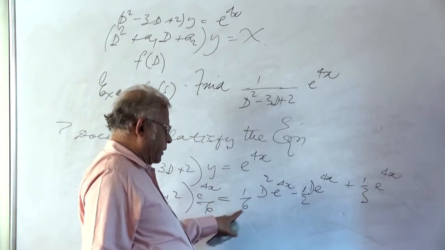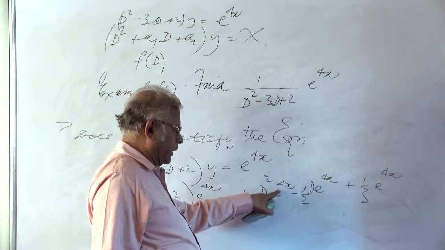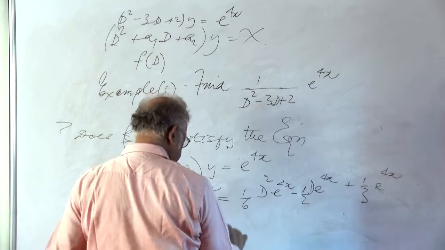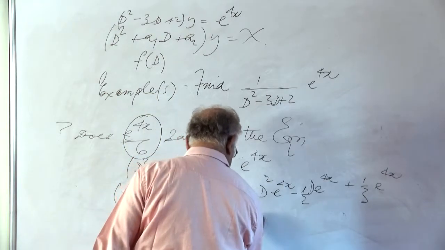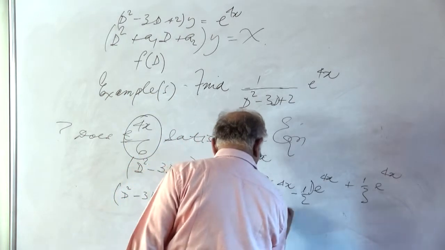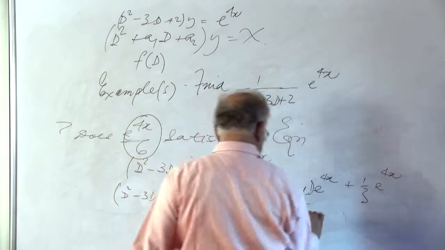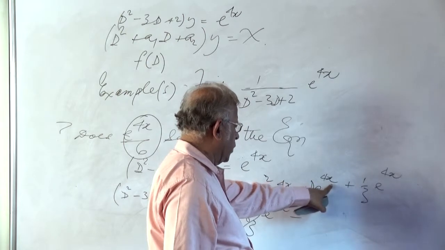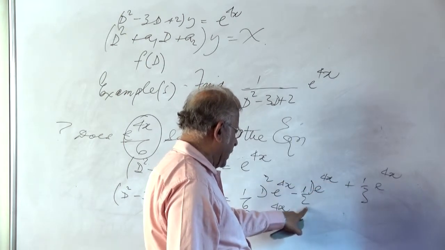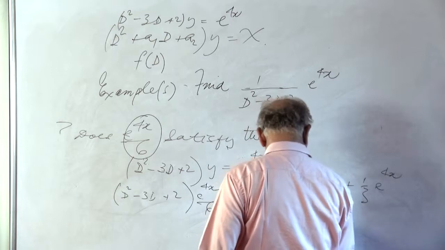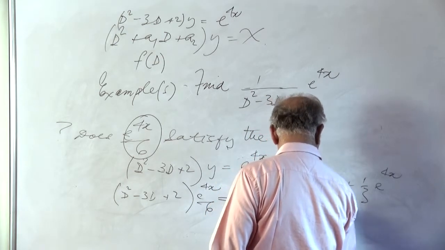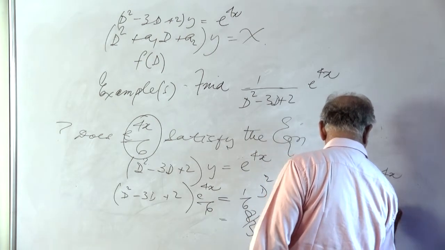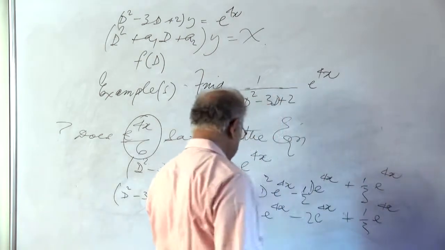1/6 is outside. D squared on e to the power of 4x will be 16 e to the power of 4x. So the first term is 8 by 3 e to the power of 4x, minus D of e to the power of 4x is 4 e to the power of 4x, that divided by 2 is minus 2 e to the power of 4x, plus 1/3 e to the power of 4x.